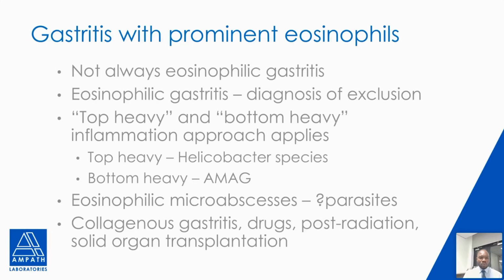The other considerations with prominent eosinophils include collagenous gastritis, drugs, post-radiation, and solid organ transplantation. So the clinical history again becomes very important in making the appropriate interpretation of the findings in the biopsy. So with prominent eosinophilia, rather than making a call for eosinophilic gastritis, I prefer gastritis with prominent eosinophils.